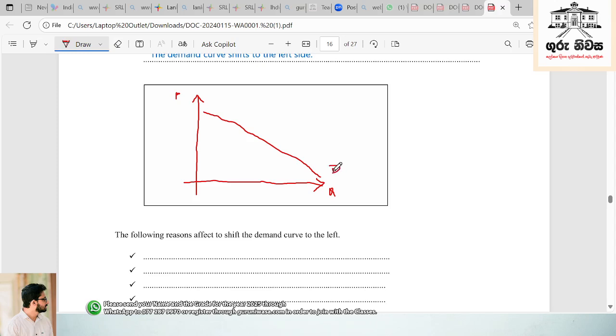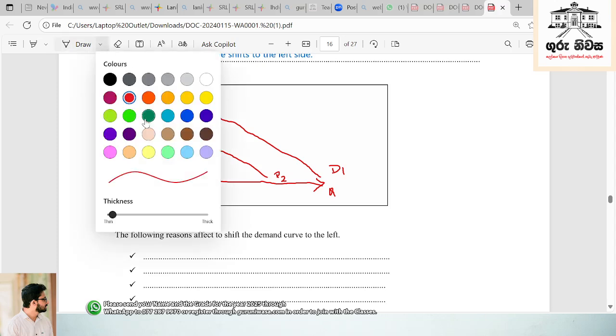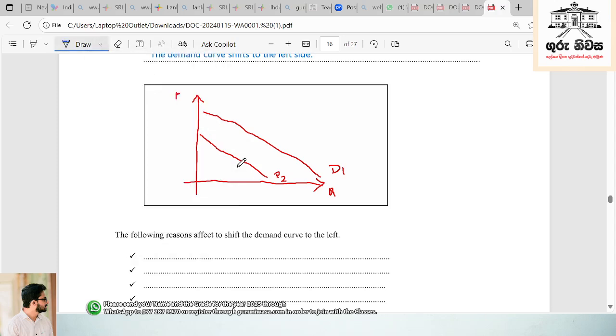The demand curve shifts to the left side like this, D2. The same price, P1.